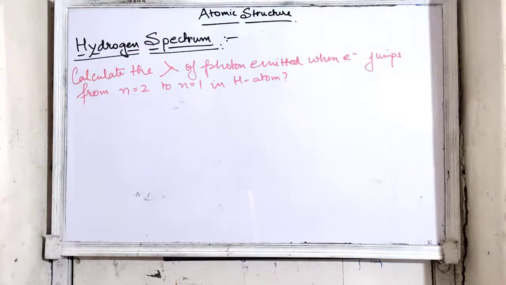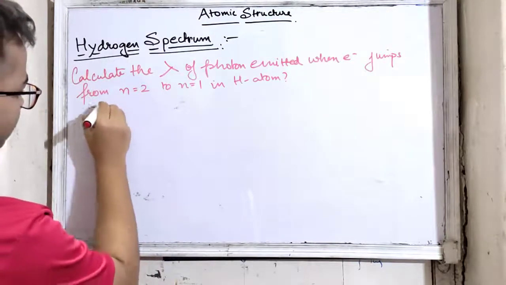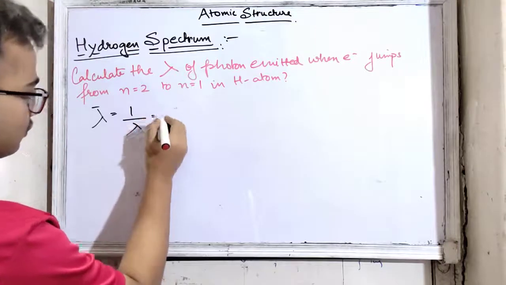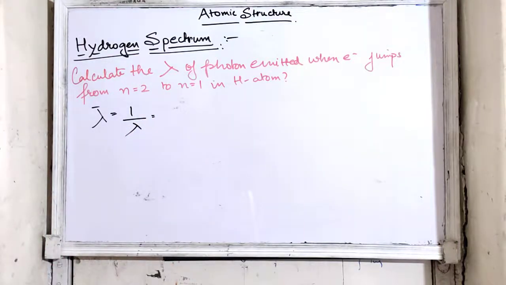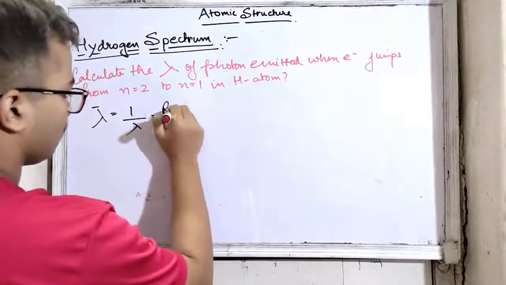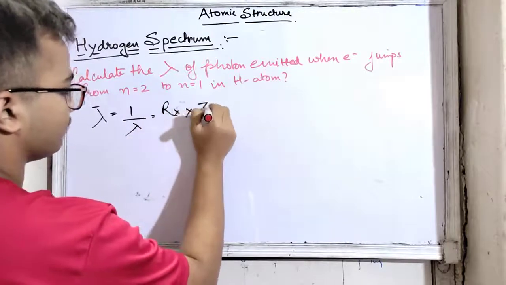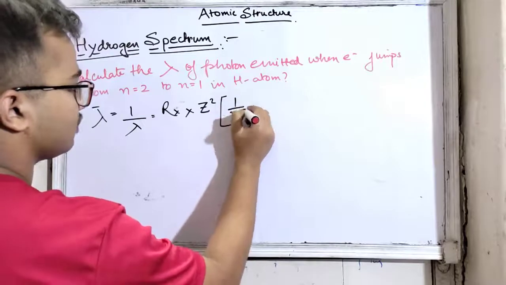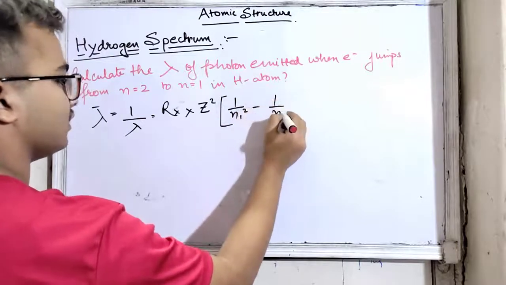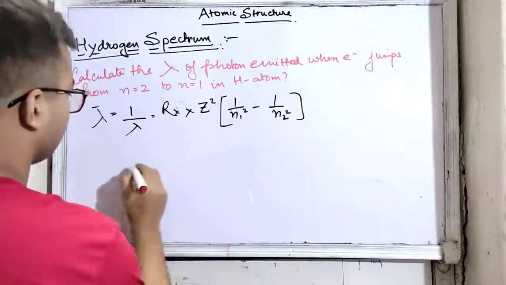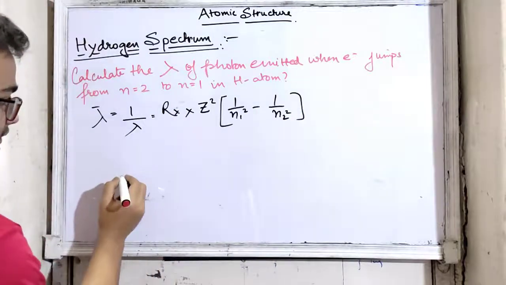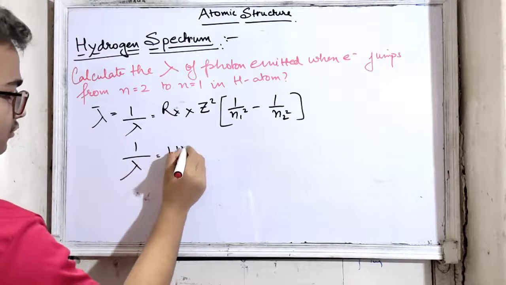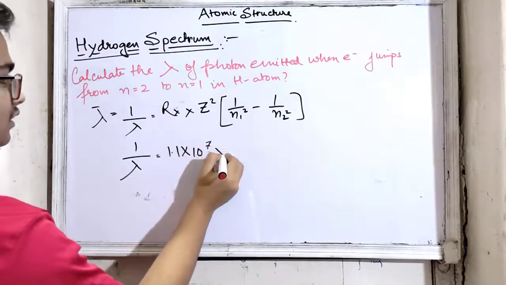So we know lambda bar equal to 1 by lambda equal to, so what was the formula? It was RH into Z square into (1 by n1 square minus 1 by n2 square). Okay, so what is coming? 1 by lambda equal to 1.1 into 10 to the power 7. What is Z?